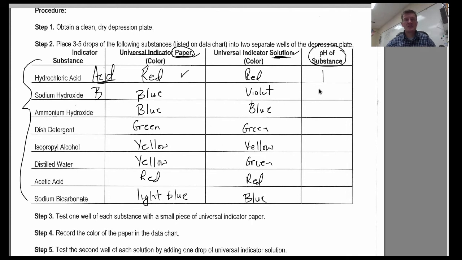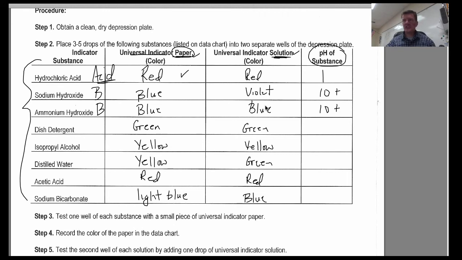It has a strong base tendency, and the pH here is probably greater than 10. So I would just put 10 plus, and that's true for the ammonium hydroxide as well, also a very strong base.